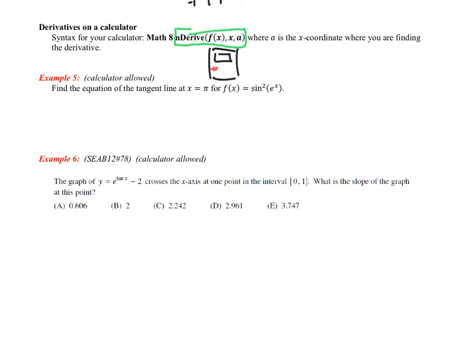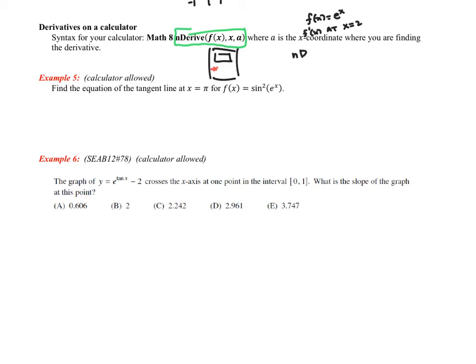It'll say numerical derivative. What you want to do is plug in f of x, and then the letter x, which will be the variable for which you are differentiating, and then the x value at which you want the derivative. So if I wanted the derivative of, let's say, f of x equals e to the x, find f prime of x at x equals 2, I would press math 8.